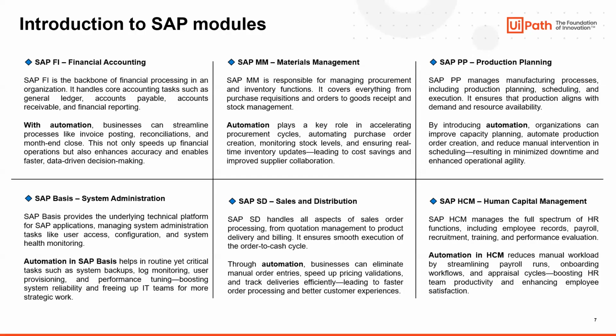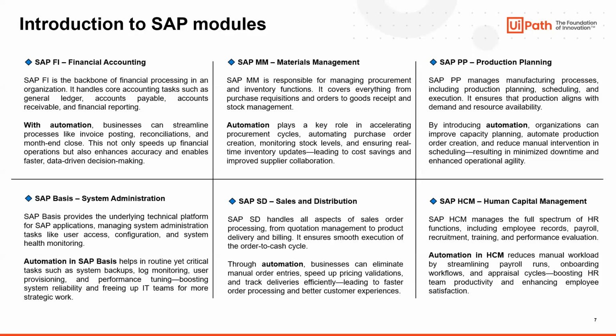The next is SAP MM, which is also known as materials management. SAP MM is responsible for managing the procurement and inventory functions. So basically it covers creating purchase requisitions and orders, goods receipt, and stock management.